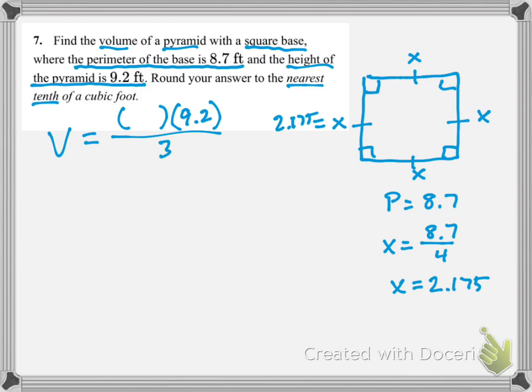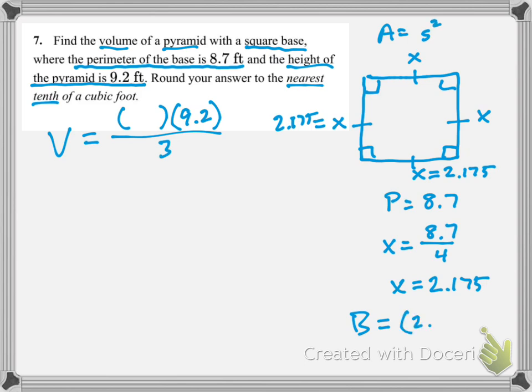Now, here's the thing. We still need to find the area. We need to find capital B. To find the area of a square, the area is the length of a side squared.